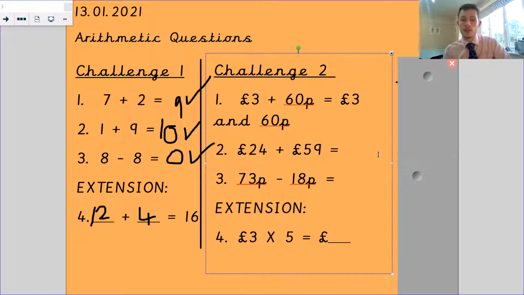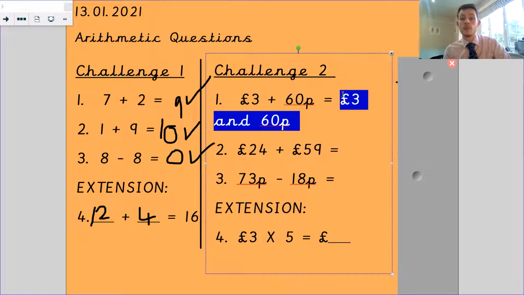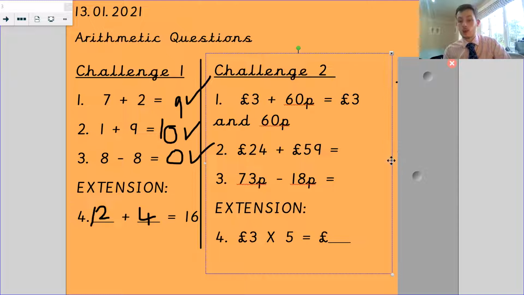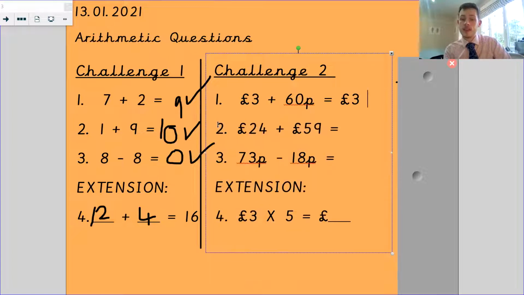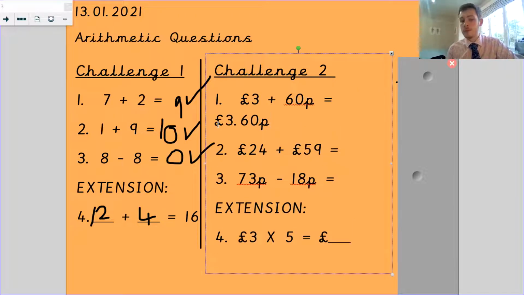Another way that you can make this into a correct answer, if you're really looking to extend yourself, is you can write £3, then a full stop to say that that's the £3, and after your full stop, you write how many pennies you have, so 60.